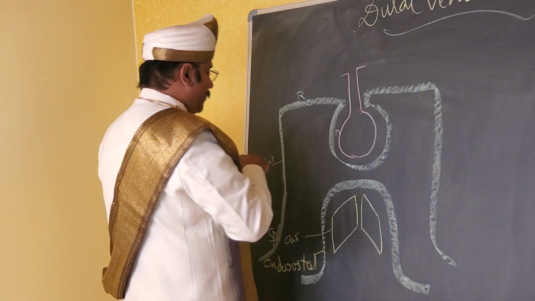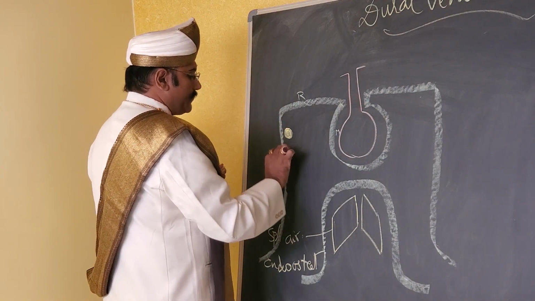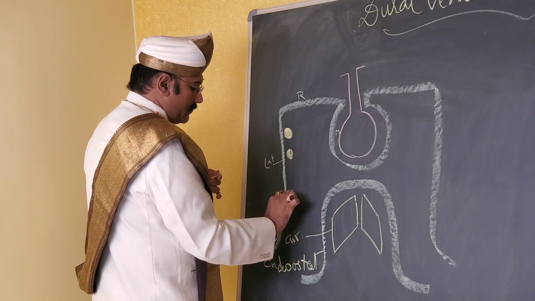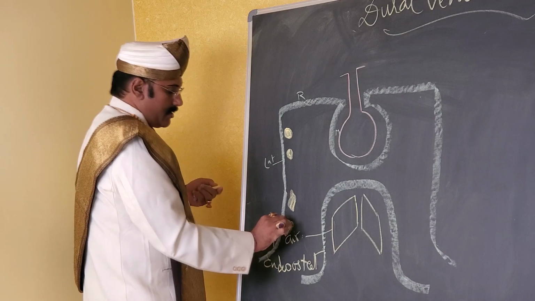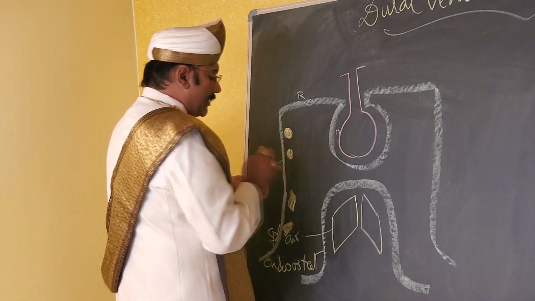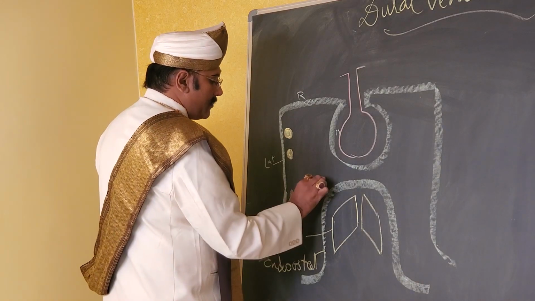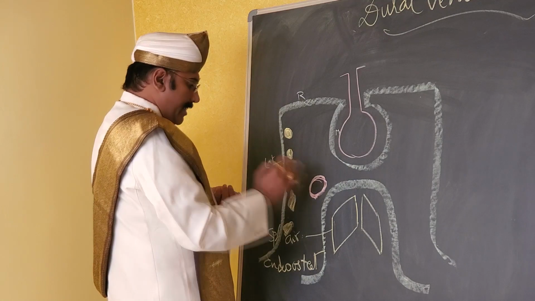Now, in the lateral wall of the sinus, you have the oculomotor nerve, the trochlear nerve, and the ophthalmic and maxillary nerves. And the important content here is the internal carotid artery.